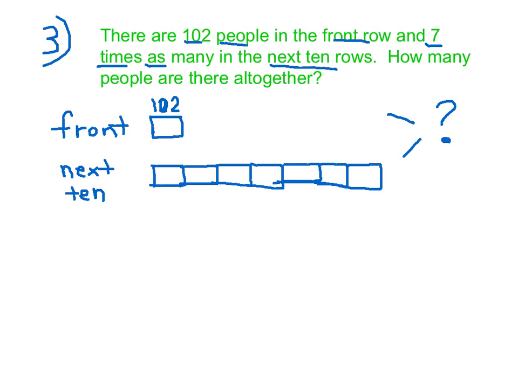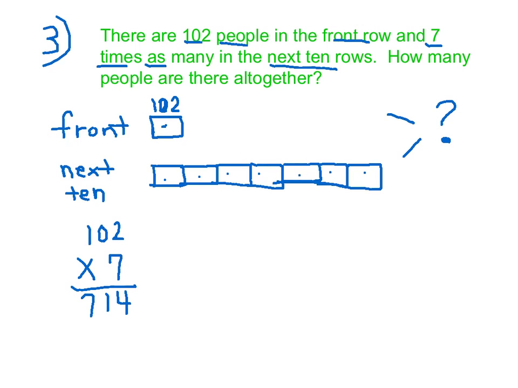Now, as I look at this sentence, I notice I've got one group of 102, but then I have 7 times as many, so I have 7 of those boxes. So to find out how many are in the next 10, I could go 7 times 102. 7 times 2, of course, is 14.